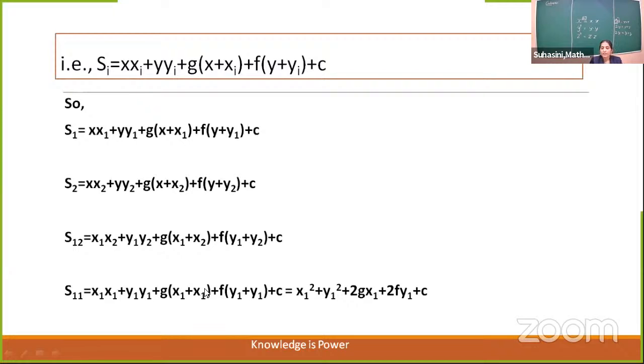When we multiply or simplify it together, it is a number. So S11 is a numerical value like 100, 96, 56 like that. Whereas S1 or S2 are expressions in x and y, more precisely, linear expressions in x and y. And of course, S12 is also a number. x1 is a number, x2 is a number. Their product is also a number.